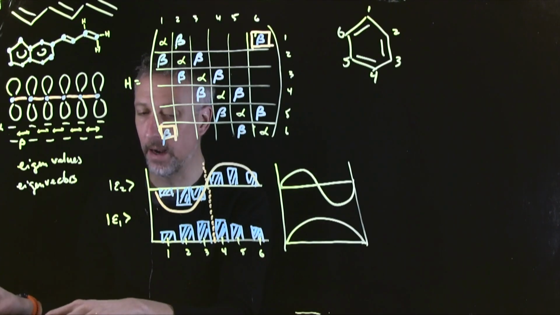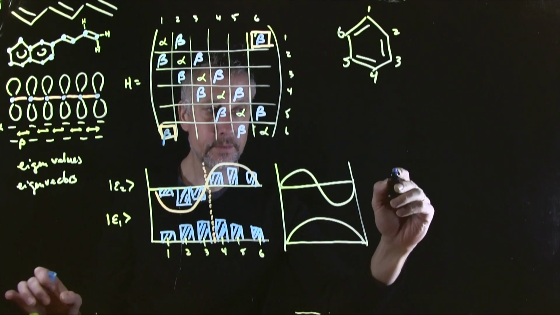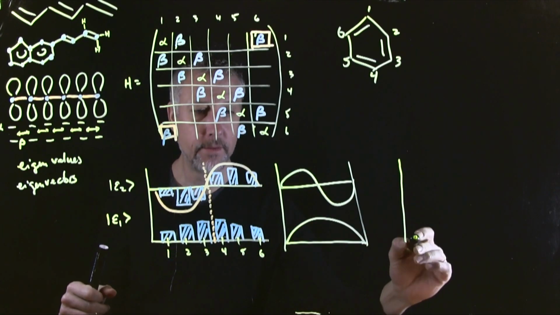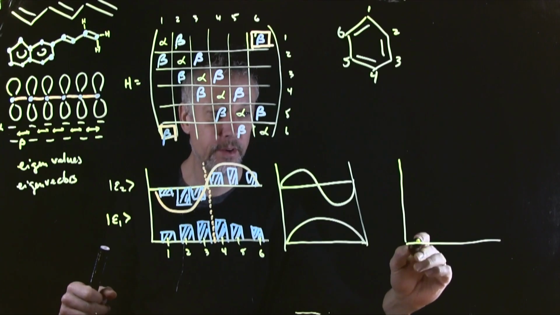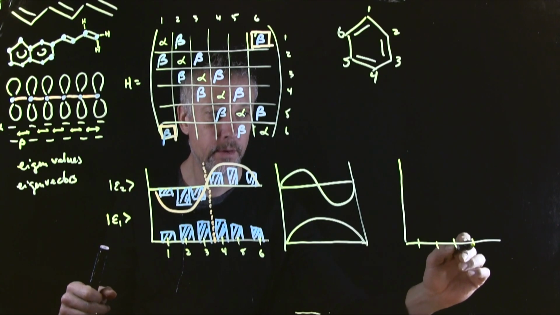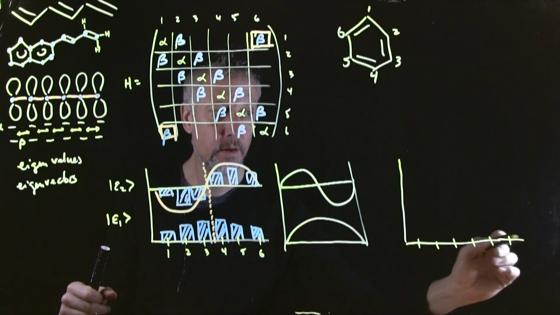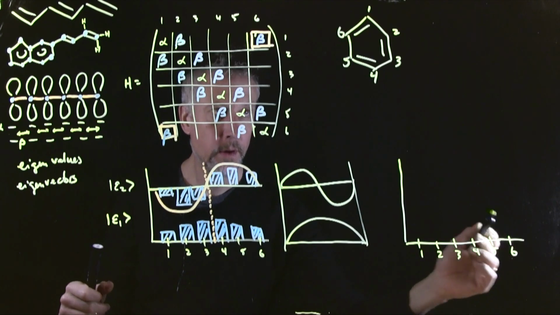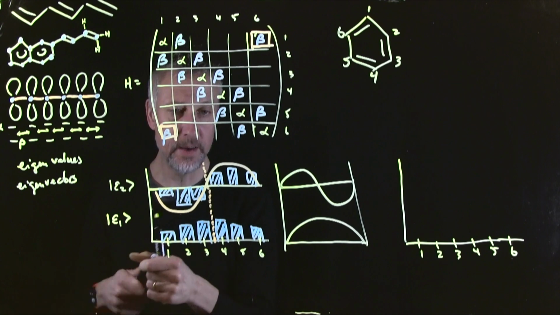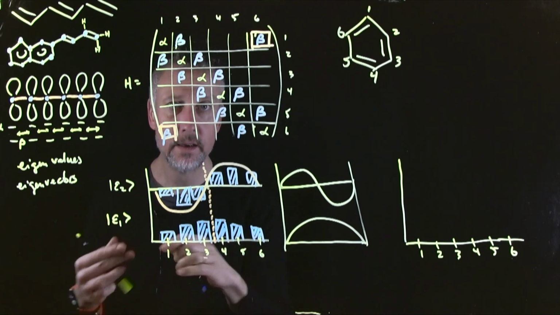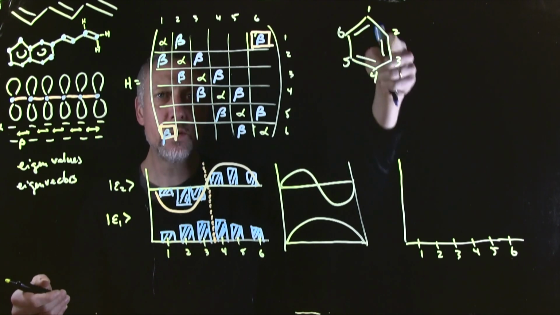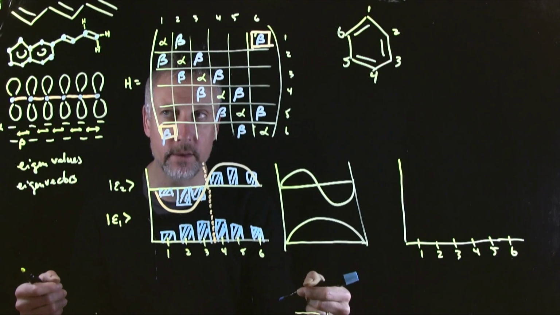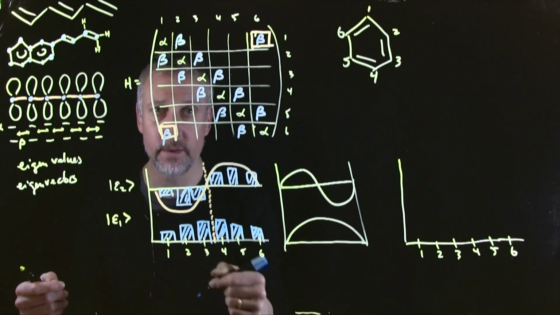Right? If we look at the ground state, the lowest energy, so if we look at the similar kind of representation, what I think most chemists expect is that you have an equal distribution of electron density in this pi system around the ring. That's the reason we draw the circle here.